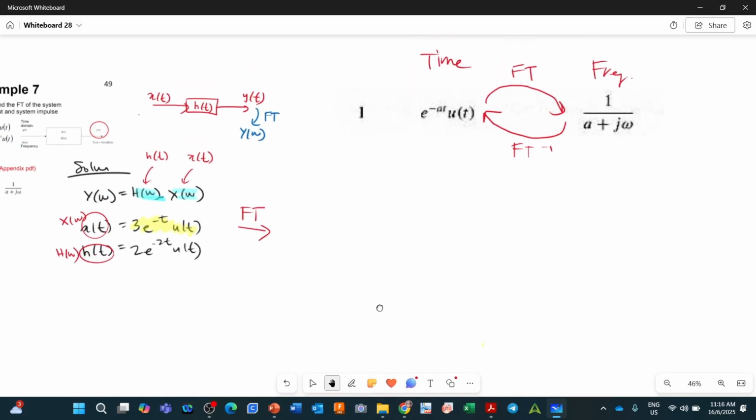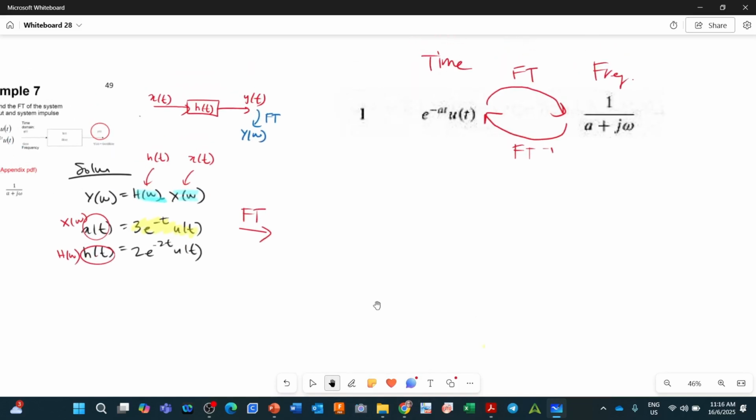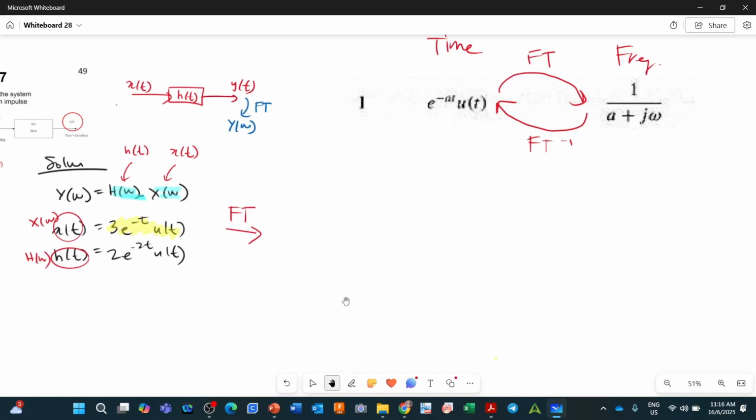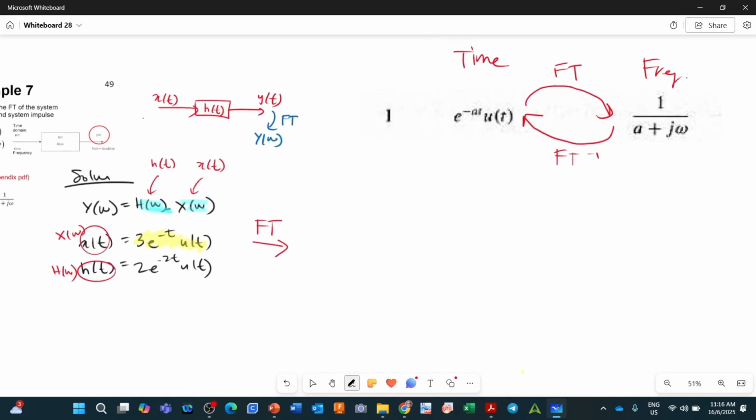But using the same equation, same table. So if you do a comparison, what do you get for H omega? You need to compare one by one.